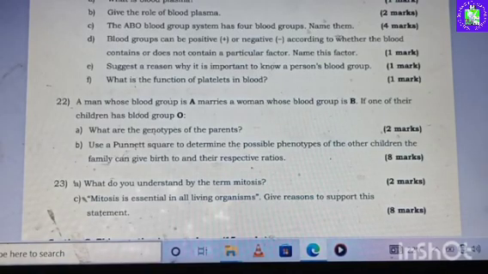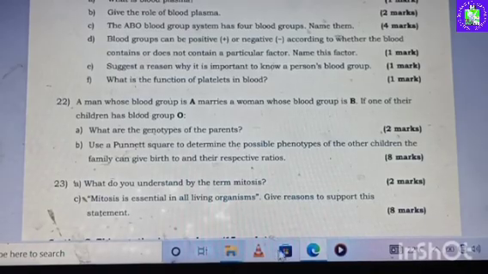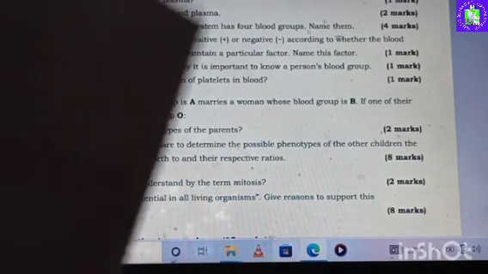We have what you call AO cross with OB. Yes, like it.